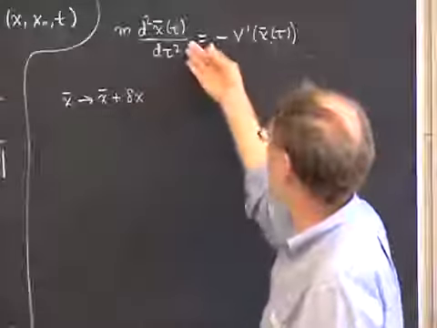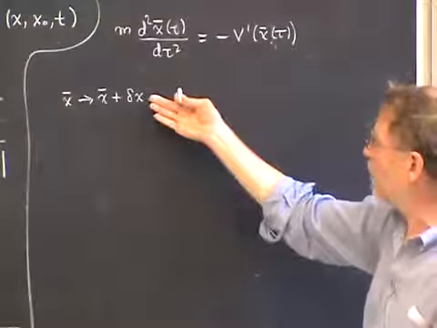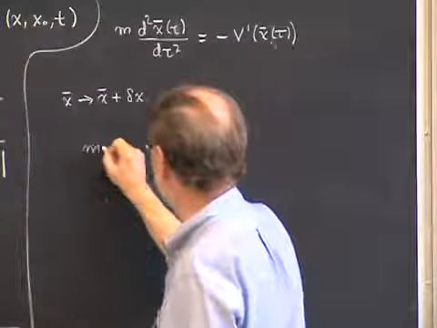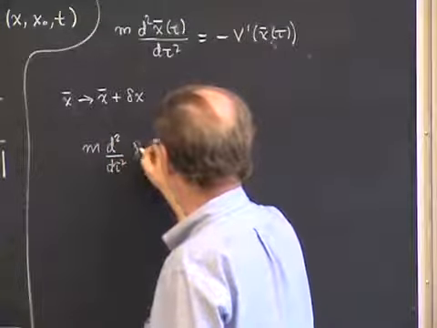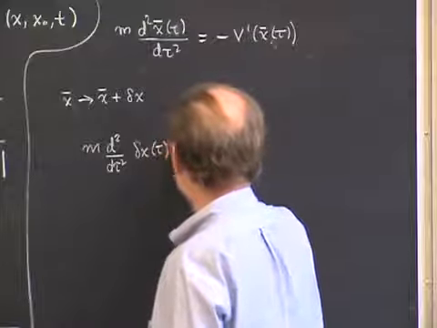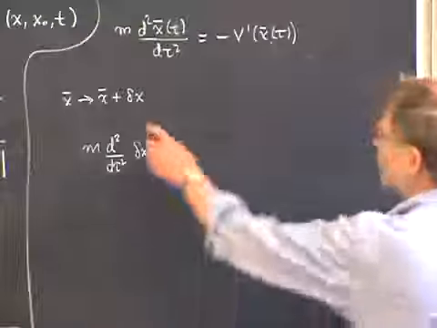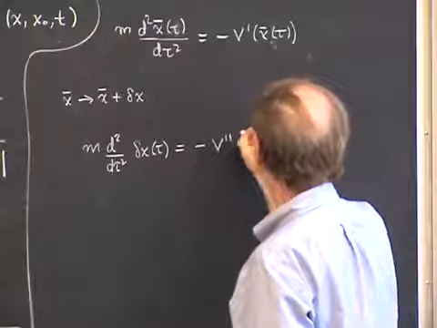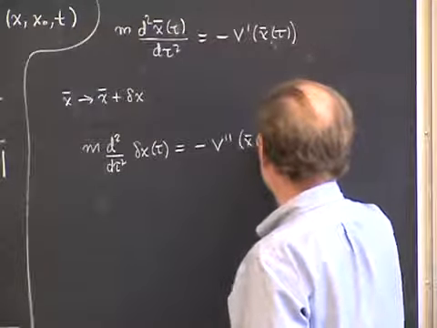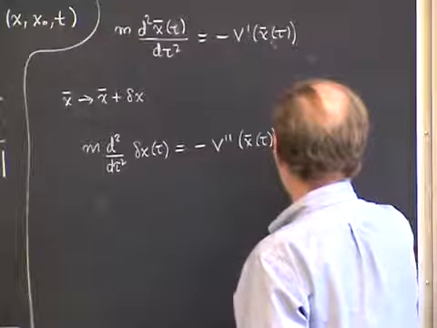So if I plug this in here and linearize this equation, carrying out a first order in delta x, what we get is m times d squared, d tau squared of delta x of tau is equal to, on the right-hand side, I plug this in, expand it out to first order, it's going to be minus d double prime of x bar of tau times delta x of tau.